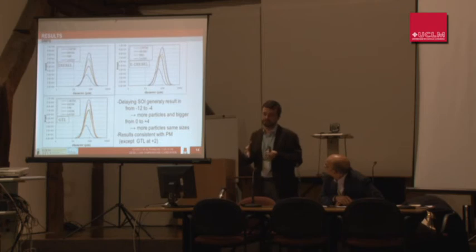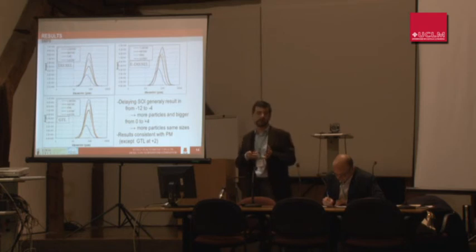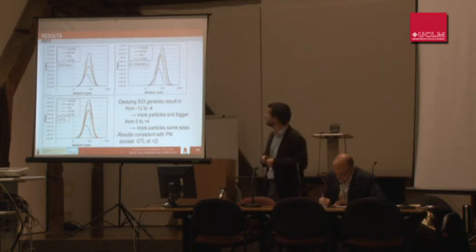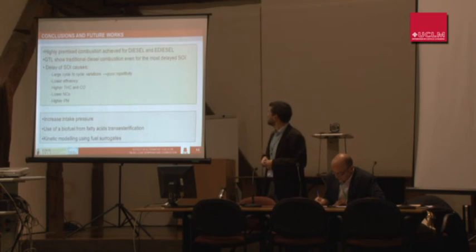So we have to try to do some more experiments to avoid that. And we also see from these results that from 12 degrees before top dead center to top dead center, more or less, we are increasing both the size and the number of particles. And from top dead center, we are increasing especially the number of particles from the same size range.